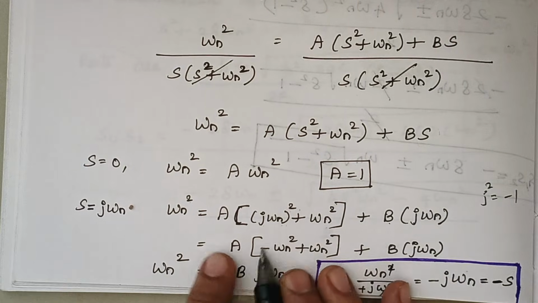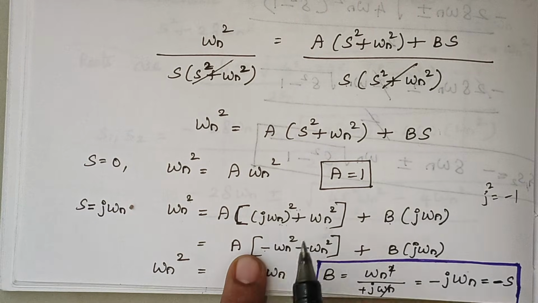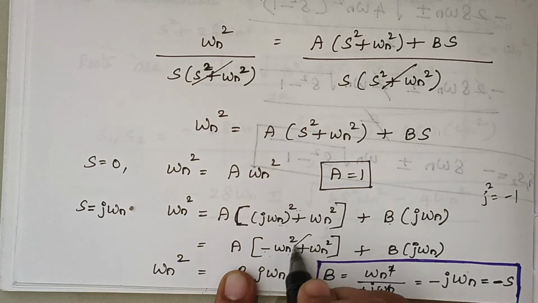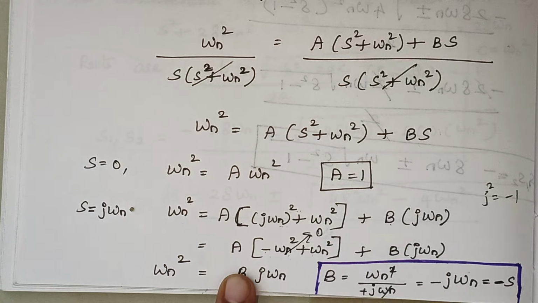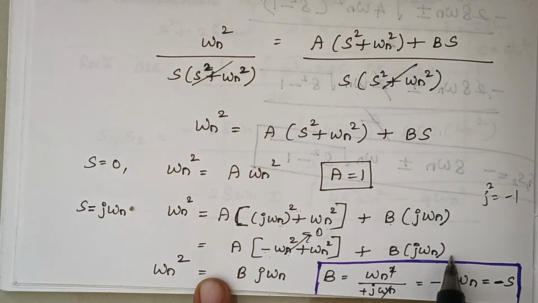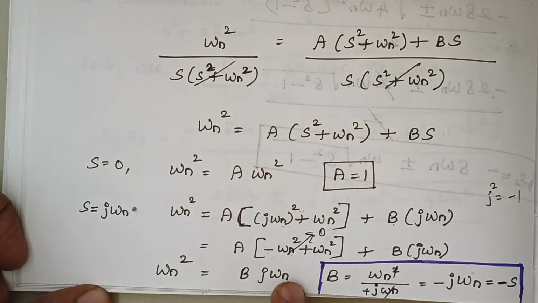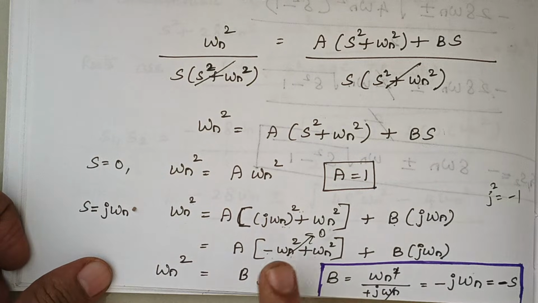Right. So this becomes minus and omega n square becomes omega n the whole square. So here minus omega n square plus omega n square, this entire term reduces to 0. So remaining term is plus B j omega n. So omega n square is equal to B into j omega n and we need only B.